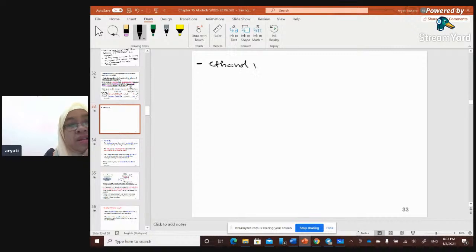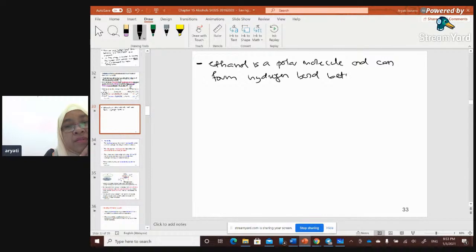Ethanol is a polar molecule and can form hydrogen bond between its molecules.